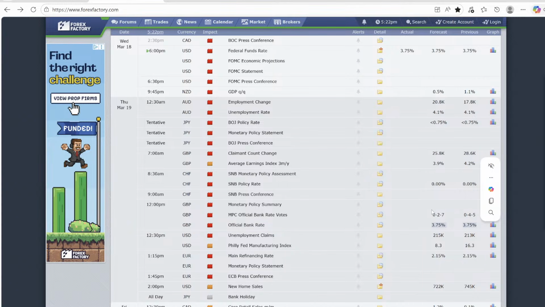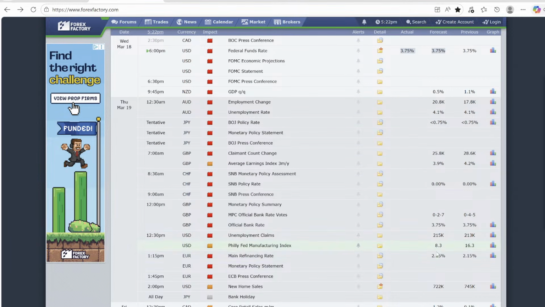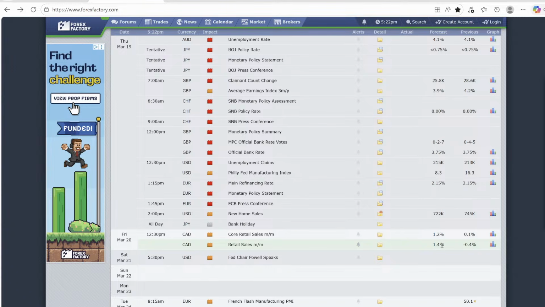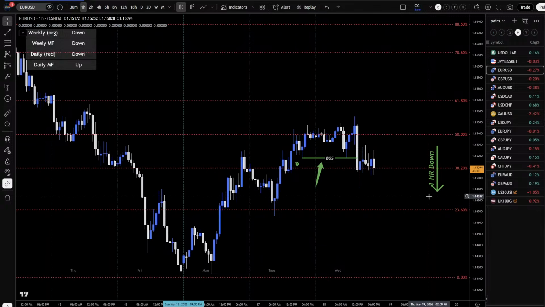So almost every single country that we follow, I think. Well, except for maybe Kiwi. Kiwi's probably the only one that's not doing it, because Europe has their interest rate news, Switzerland has their interest rate news, yen has their interest rate news, US has their interest rate news, and Canada has its interest rate news. So one, two, three, four, five, 5 or 6 out of 7. Yeah, that's pretty good. Almost every single country we follow.